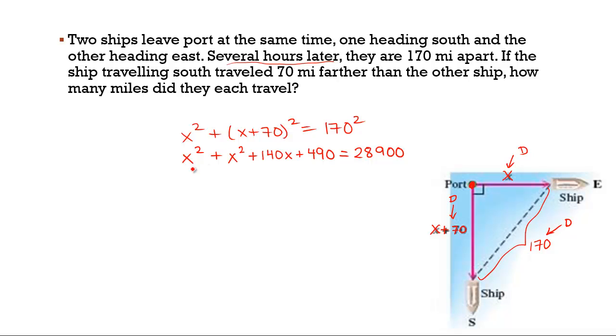So let's get everything onto one side. We have 2x squared plus 140x, and then 4900 minus the other number there is going to be negative 28,410 equals 0. I'm just going to divide everything by 2 to make the numbers a little smaller. We can do that because it's an equation.